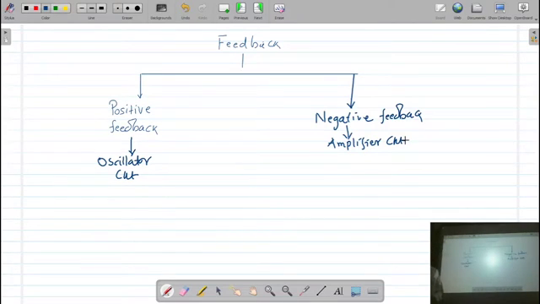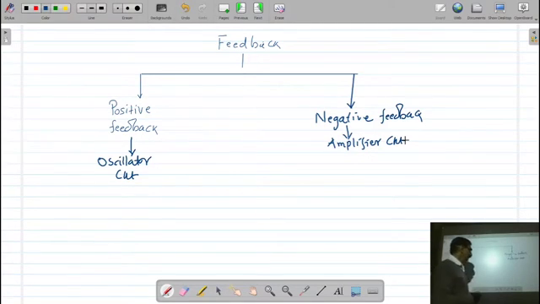Now if we see the types of negative feedback, it depends on whether you are feeding a fraction of the output voltage to the input, or a fraction of the output current to the input.